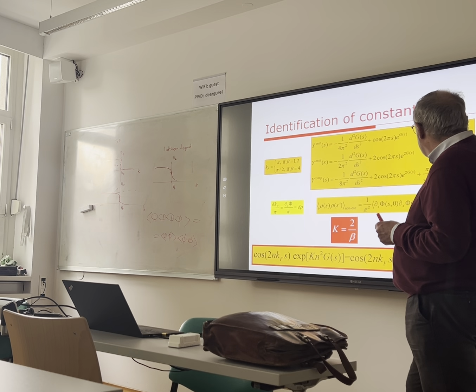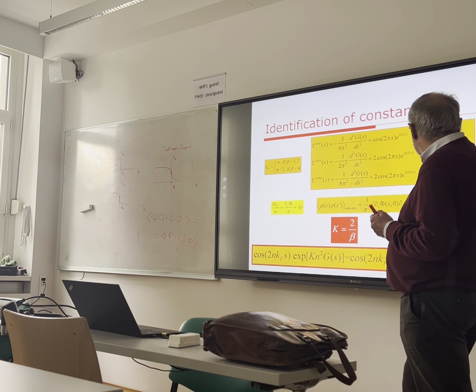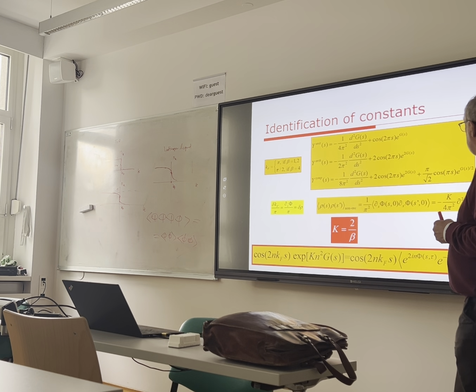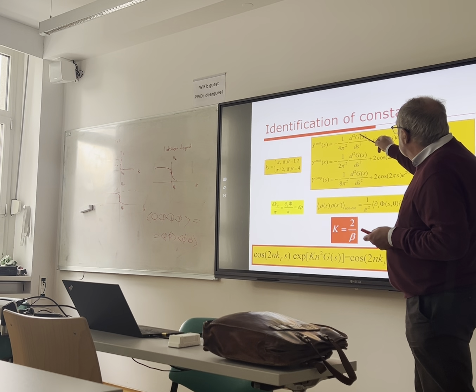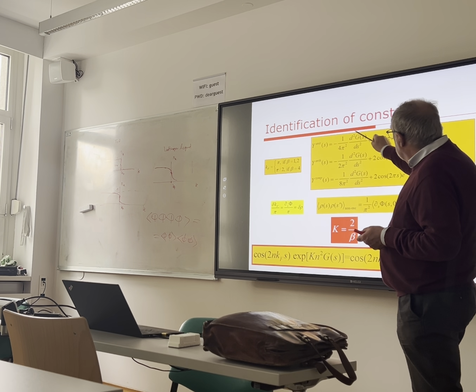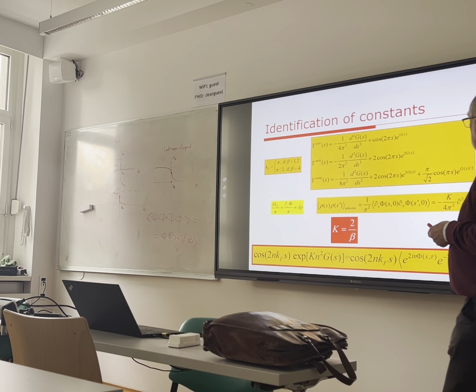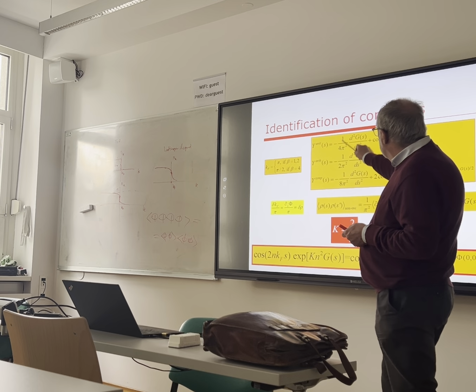And then I can say what k is, because if I know this non-oscillating part, I know the answer. The answer is this. So I know this non-oscillating part, and the coefficient here should be equal to this coefficient.